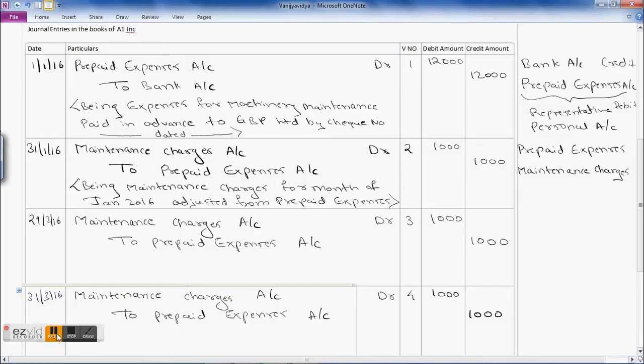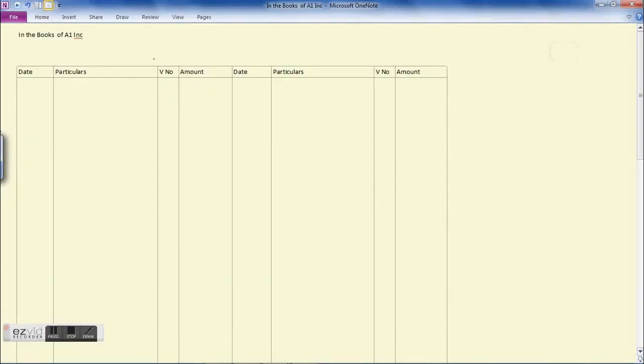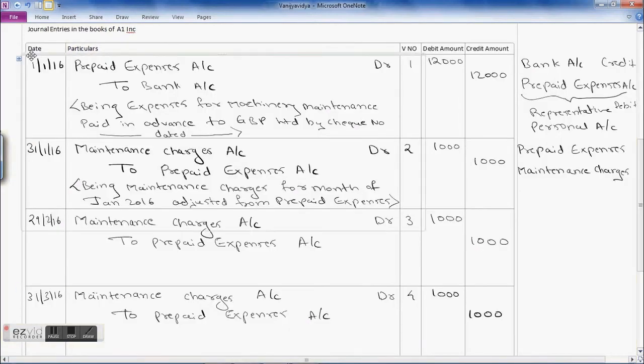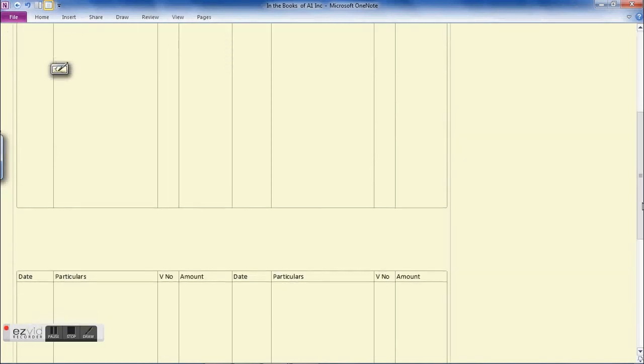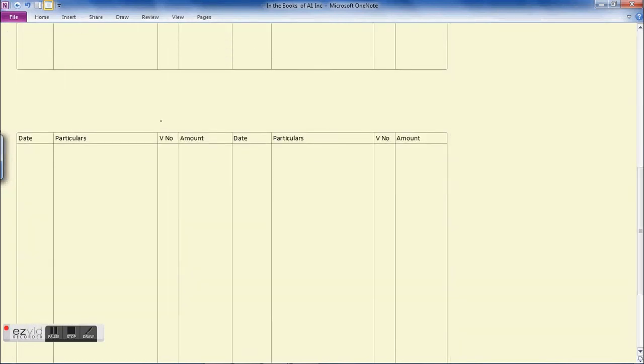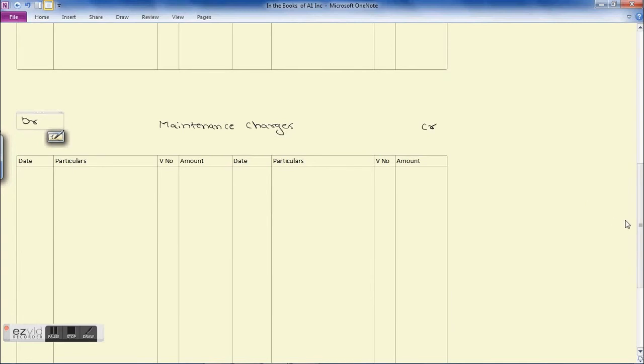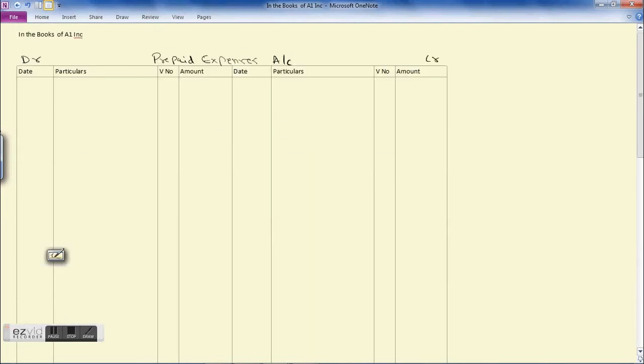First I'll prepare prepaid expenses account, debit credit, and next is maintenance charges account, debit and credit.